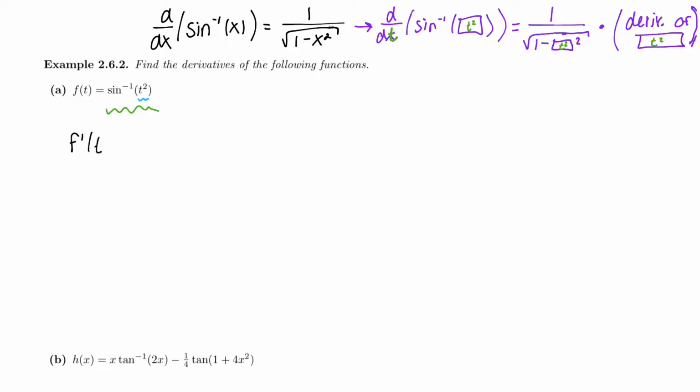So f prime of t is equal to 1 over, I'm going to do this in green, the derivative of the outside, 1 over the square root of 1 minus t squared squared, times the derivative of the inside. So the derivative of t squared, which is 2t.